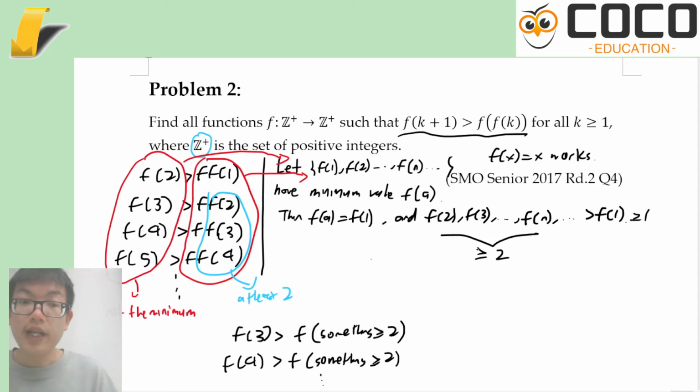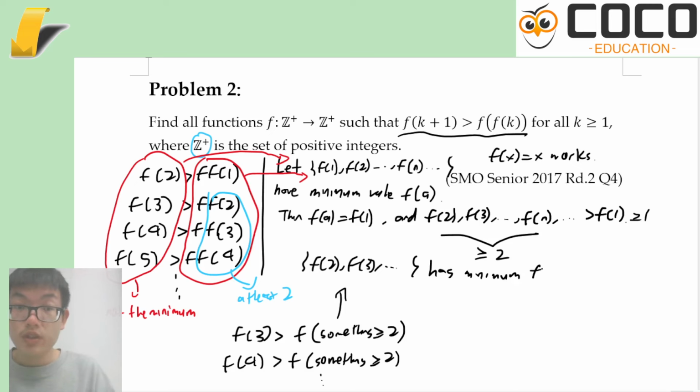That would now imply that if I look at the set f of 2, f of 3, and so on, this has a minimum that must be f of 2. Because once again, everything else is bigger than something else in this set. So f of 2 is going to be the minimum of these.